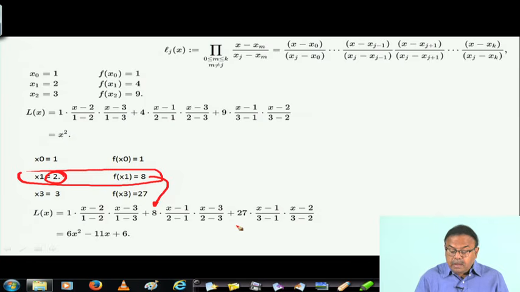In that way, for the third row it will again be x minus 1 over 3 minus 1, x minus 2 over 3 minus 2.